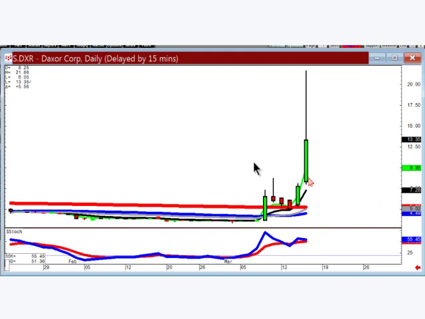If you're making 150% on a trade in one day, what do you think is going to happen up here? Unless there's something major going on, like a buyout, and they start selling it off, take your profits. You can always buy back if the buying starts back up again.